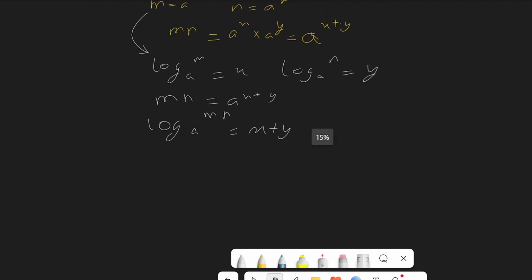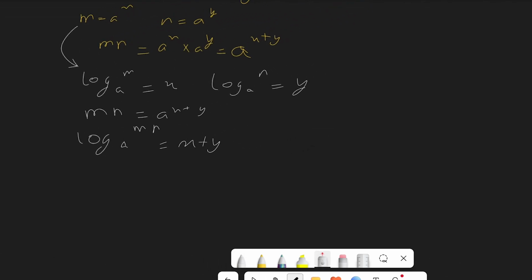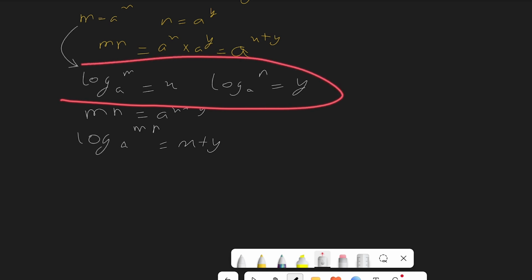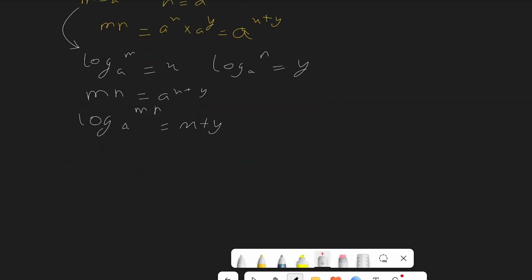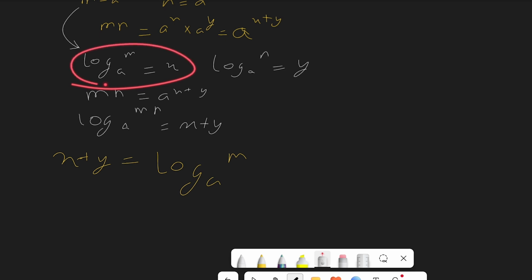So when we have x plus y, x plus y would be equal to log of m to the base a, this is the x and this is the y, plus log of n to the base a, and we know that x plus y is also equal to log of mn to the base a, right?